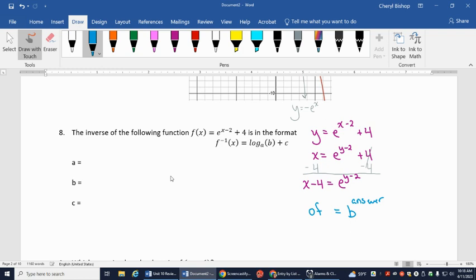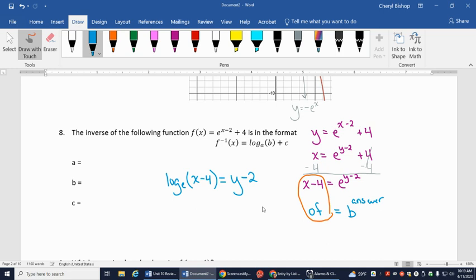E. So this is going to be log base e, which we could write as ln, but they want us to write it this way, so I'm going to leave it this way. Of, what's the of? Yeah, the of is x minus 4. And what's the answer? Y minus 2.